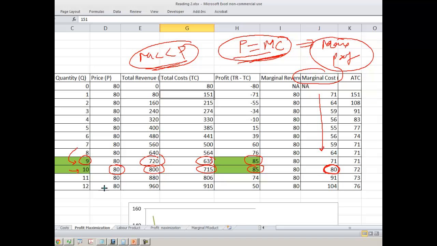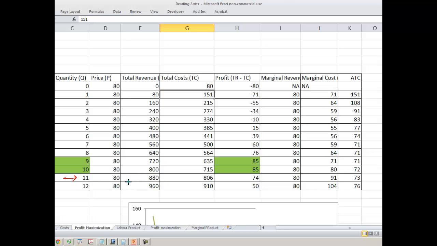See here, if you produce the 11th unit, your marginal cost is 91, that means your cost is 91 and you are selling it for an additional price of 80, so you are suffering a loss in the production of the 11th unit, right? See this, total revenue is 880, total cost is 806, the profit is 74. That means your profit has reduced by 11. Why? Because you are selling a product at an 11 rupee loss. That is why this 11 gap is there. So should you produce the 11th unit? No, I should not produce the 11th unit.